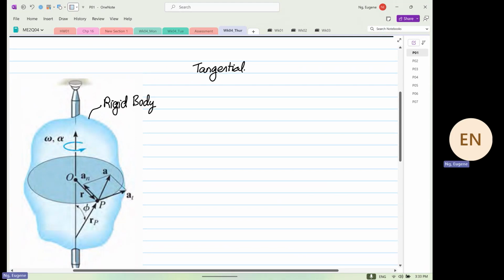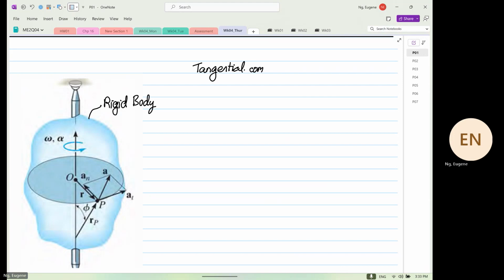You have a tangential component of acceleration. And this is defined as AT is equal to alpha R.